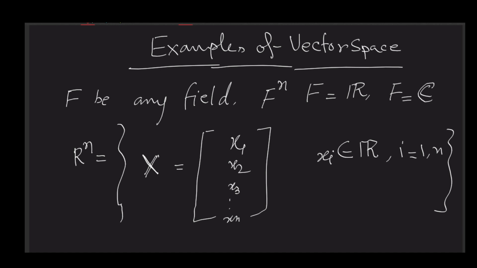This is the case. Similarly, you can define Cn. Now, what do we need to prove? If we define addition and multiplication component-wise, these form a vector space.